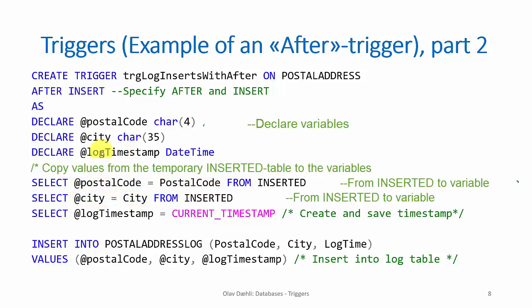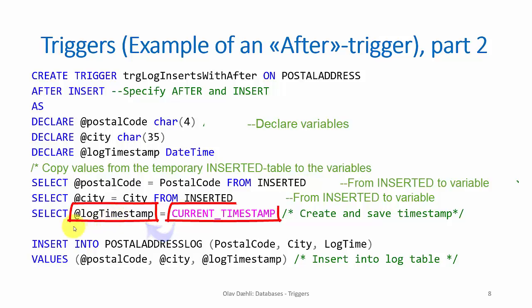In the 3rd variable, we want to store the current time. There is a function in SQL Server named current_timestamp, which will retrieve the date and time from the system clock in the PC. So we assign that value to the log timestamp variable.